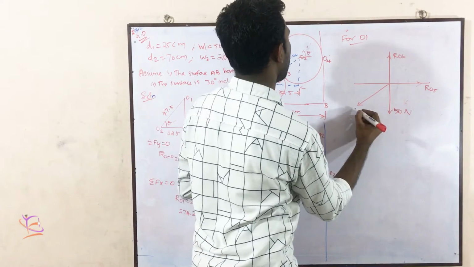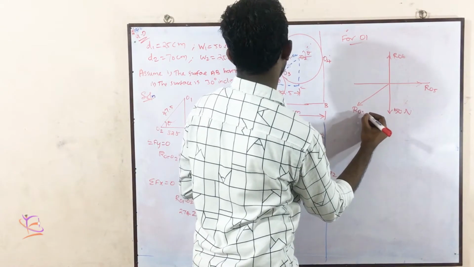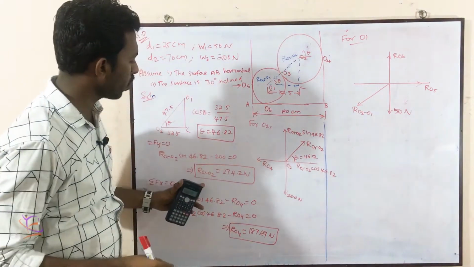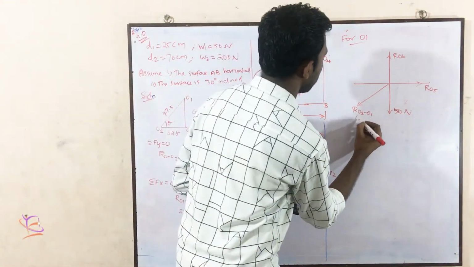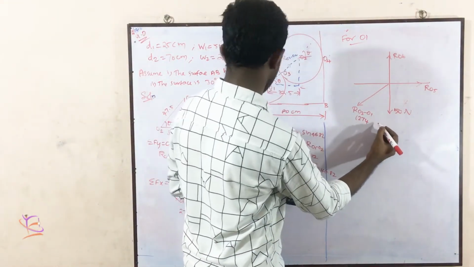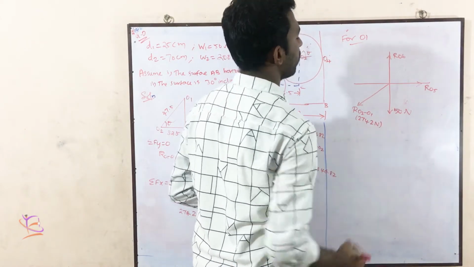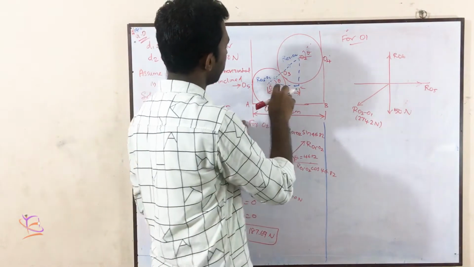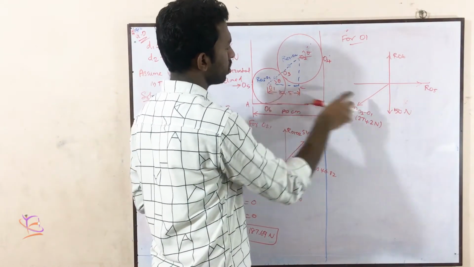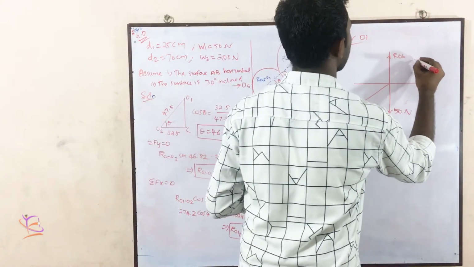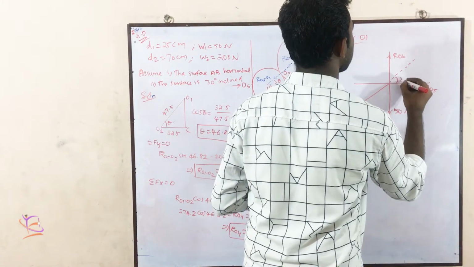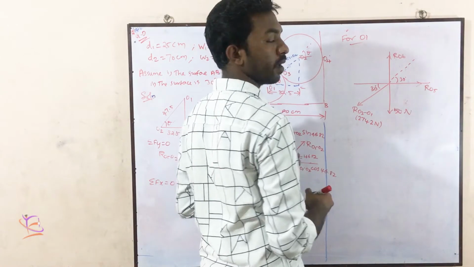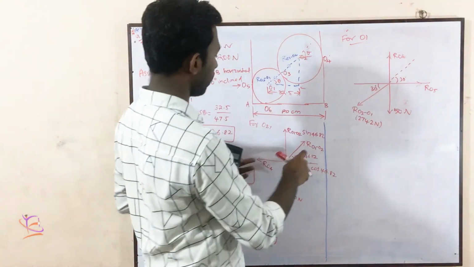In this direction, by the principle of transmission, I am substituting R O2 O1, which is equal to R O1 O2. So this can be written as 274.2 Newton. Now we need the theta value. So we know that here it is 30 degrees.